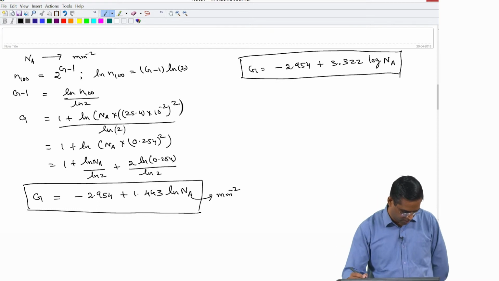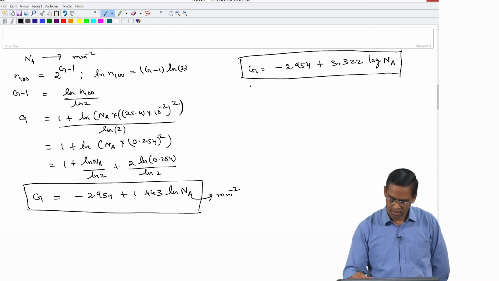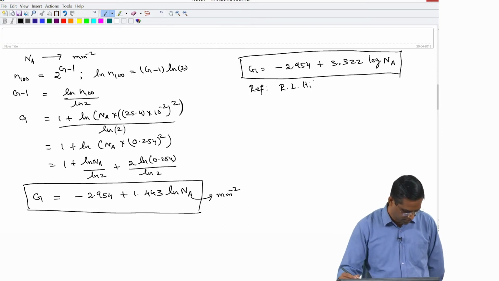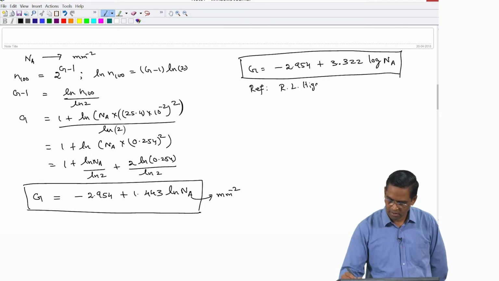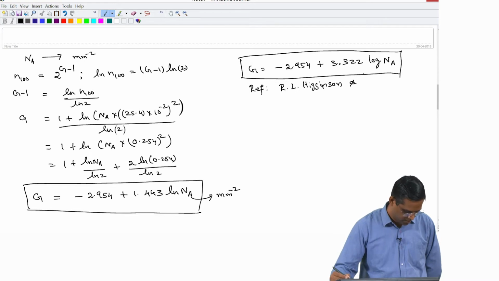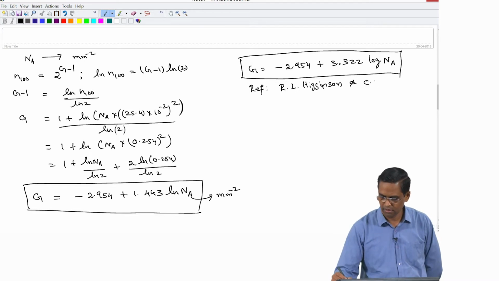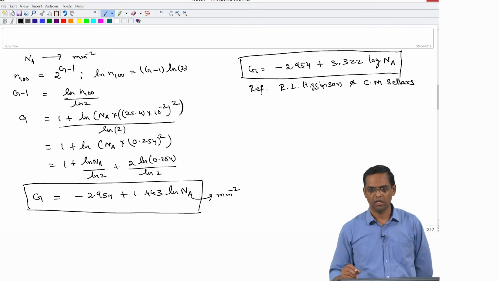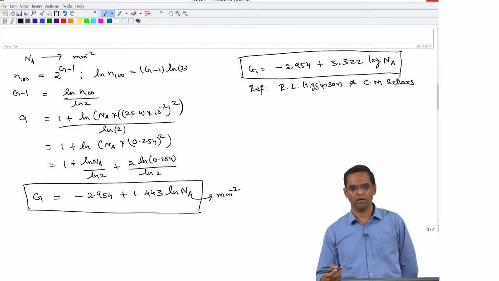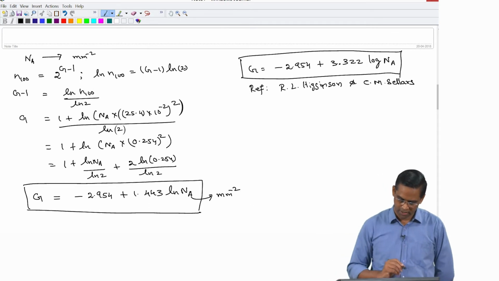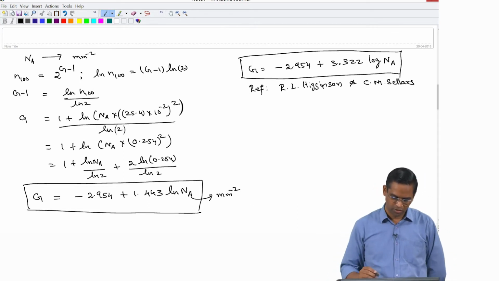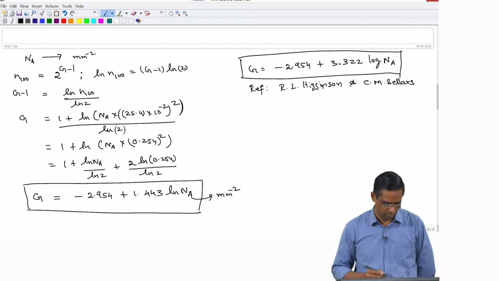I will just give the authors' names, and you can refer to that book. The authors are Aurel Higginson and C.M. Sellers, Worked out examples of quantitative metallography. So, they have reported this kind of expressions. So, you can find them.